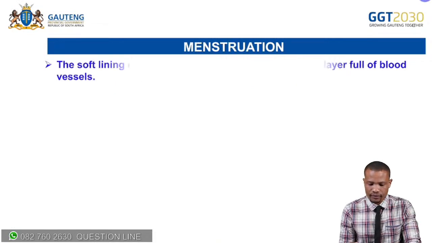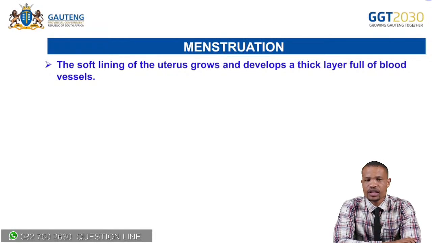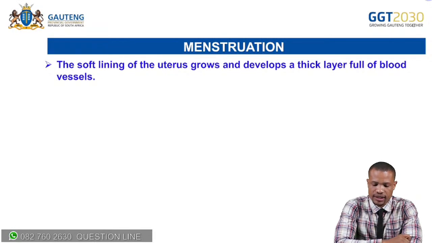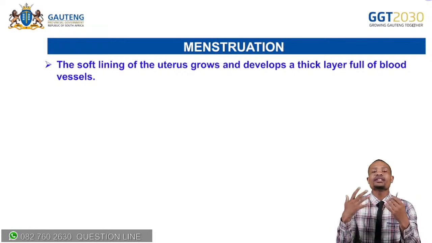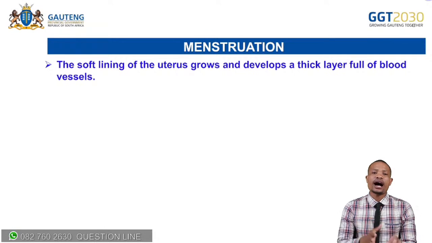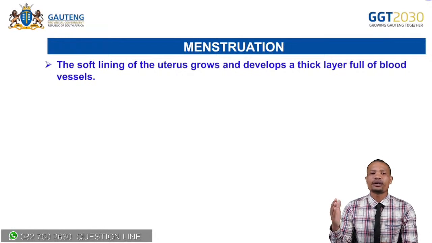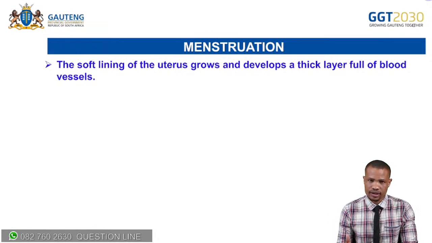Okay. Right. So we have another stage, which is menstruation. Menstruation normally occurs if fertilization has not taken place. The woman will undergo menstruation.